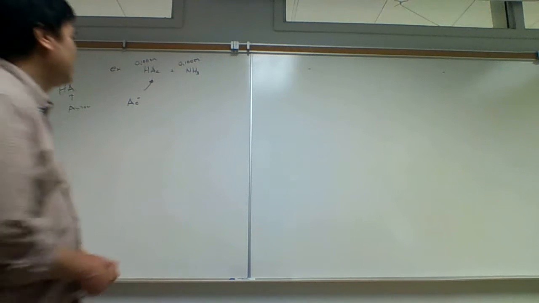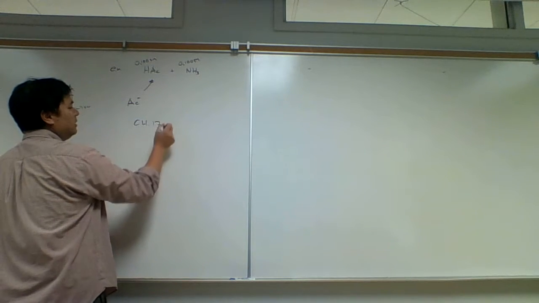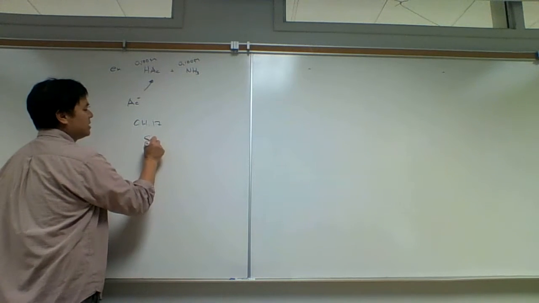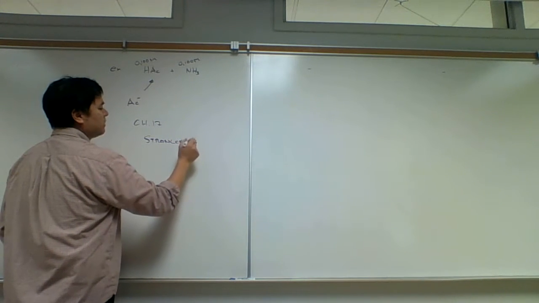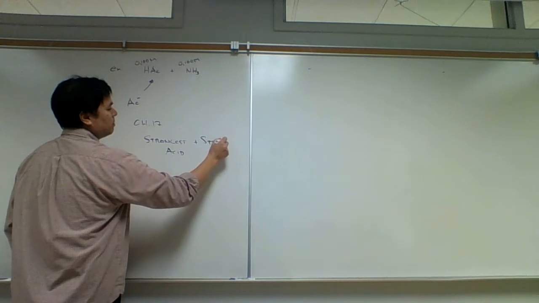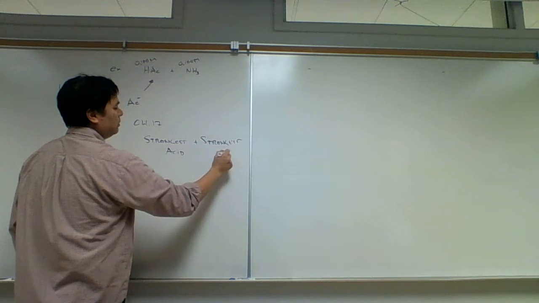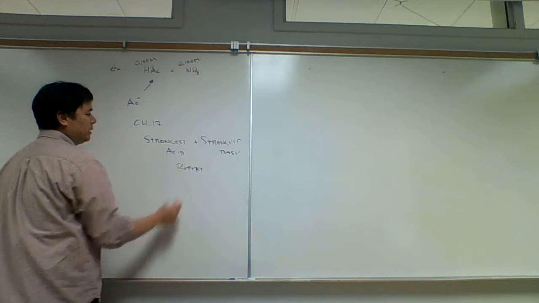And so the strategy for chapter 17 is strongest acid plus strongest base. And then just repeat. I'll show you what I mean by repeat.